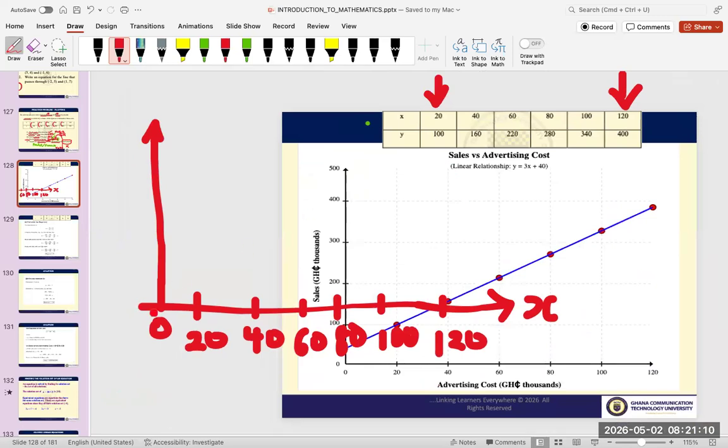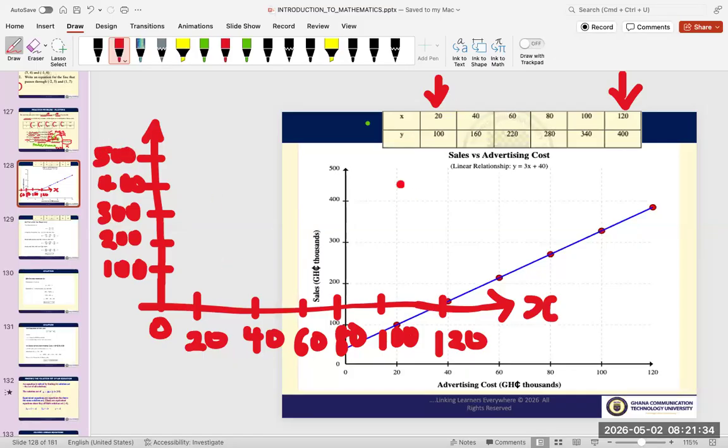So when you start from 0, your next point is 100. Then you move to 200. Then you move to 300. Then you move to 400. And then you can end at 500.